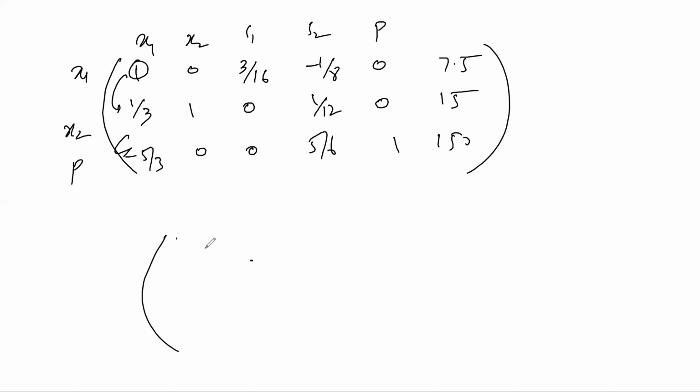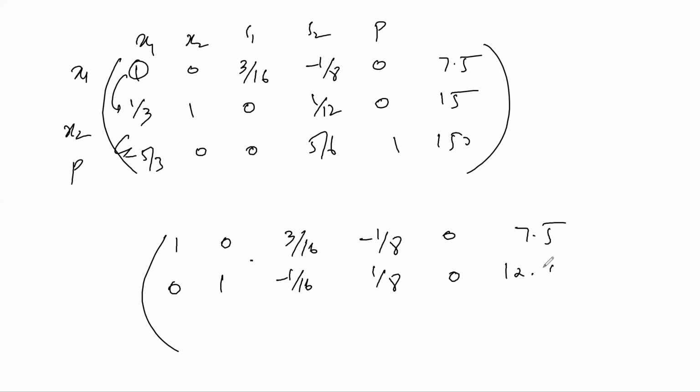Now with the help of this one, we will make 0 here and 0 here by applying row operations. So we will get 1, 0, 3 by 16, minus 1 by 8, 0, 7.5; 0, 1, minus 1 by 16, 1 by 8, 0, 12.5; 0, 0, 5 by 16, 5 by 8, 1, 162.5.